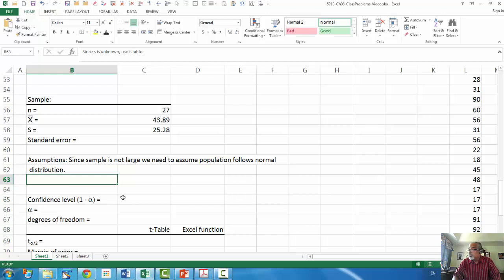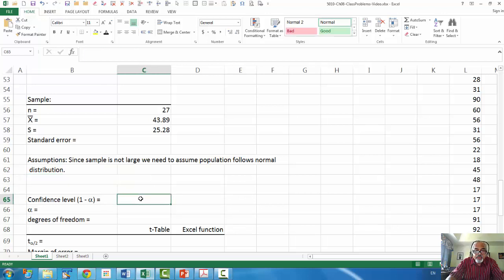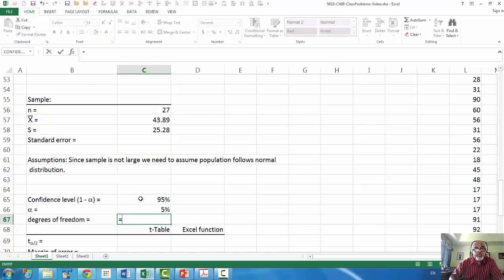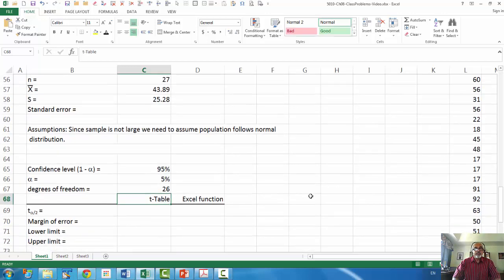Now we want a 95% confidence interval. So alpha is 1 minus that. Degrees of freedom is n minus 1. For 95%, the upper tail area is 0.025, and the cumulative is 0.975, or 97.5%.